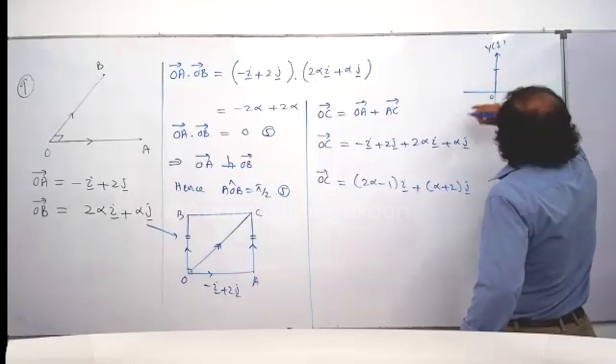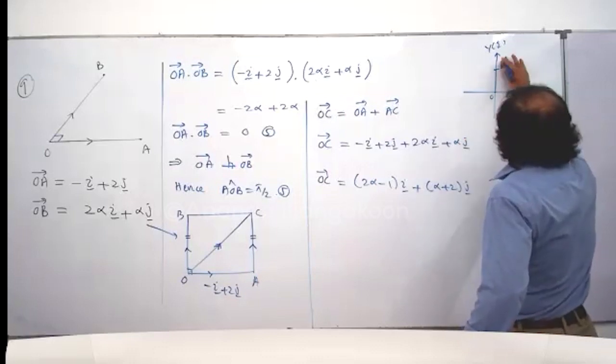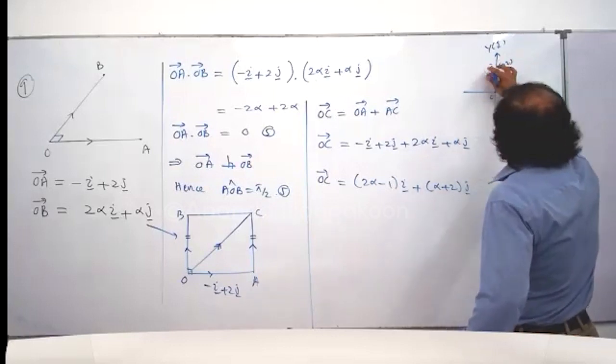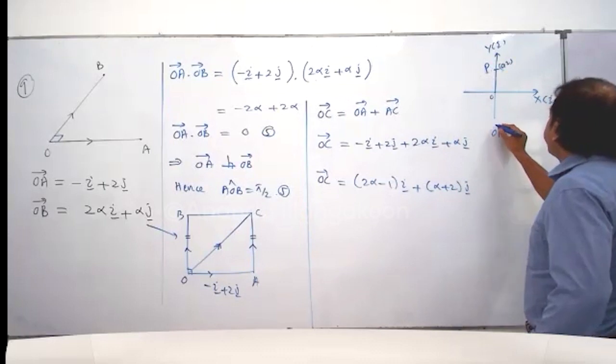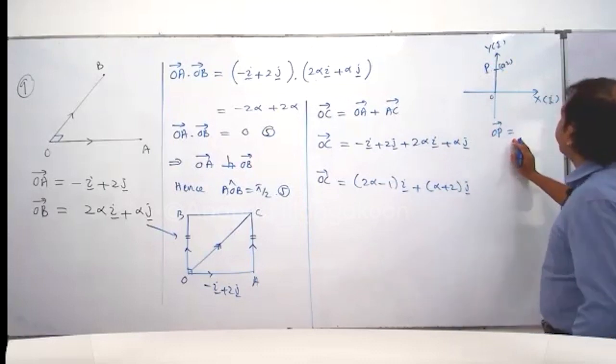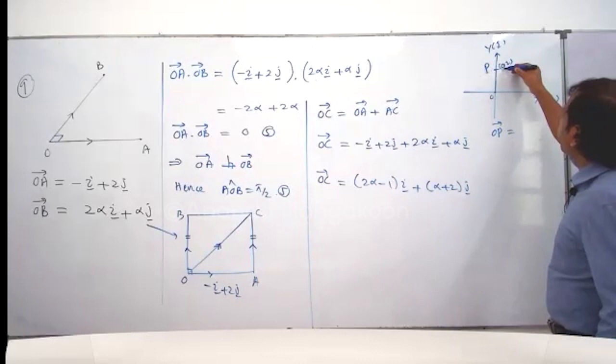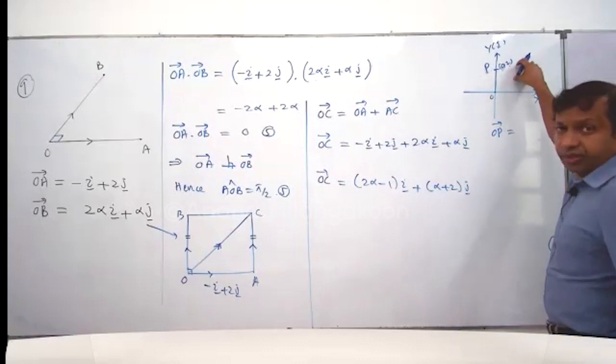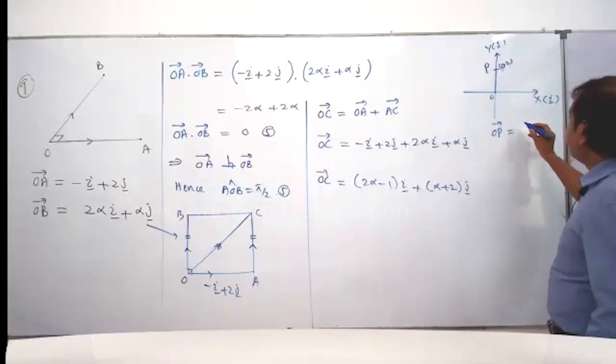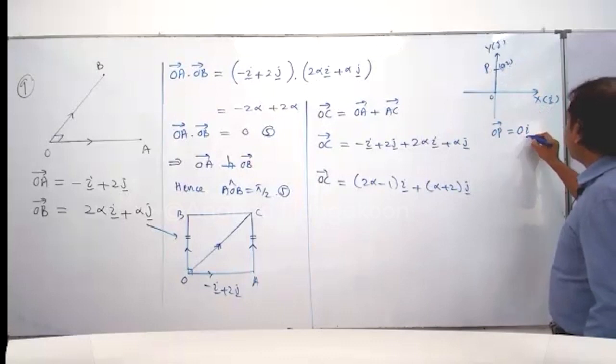Suppose this is point (0, 2). If I take this point as P, how to write this OP vector? X coordinate 0, y coordinate 2. If we have the coordinates of a certain point, how to write the position vector? X coordinate times i plus y coordinate times j.